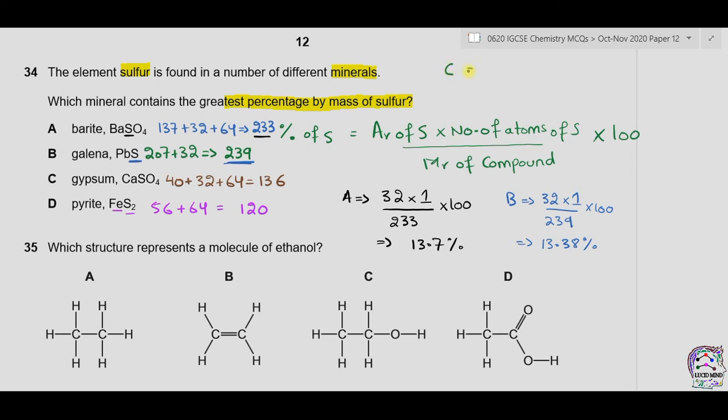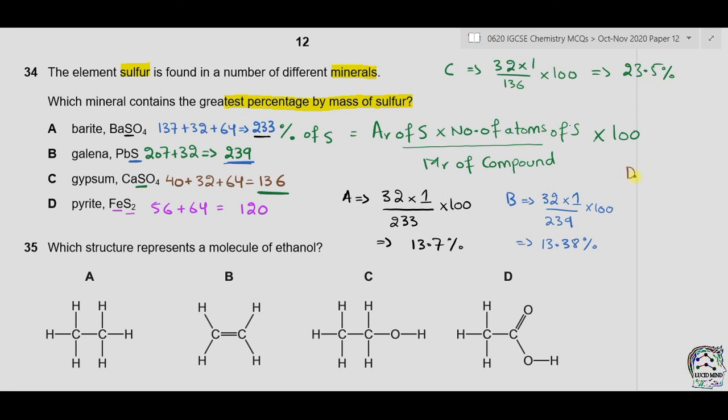For C, the atomic mass of sulfur is 32. There is just 1 sulfur atom present and the molecular mass is 136. So the percentage of sulfur in C comes equal to 23.5%.